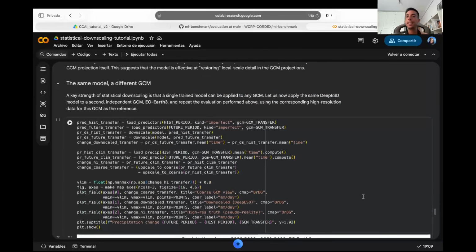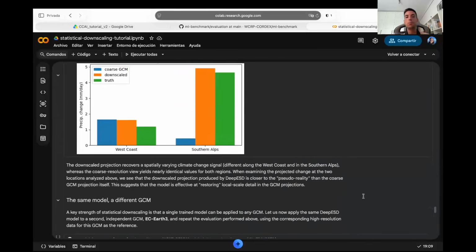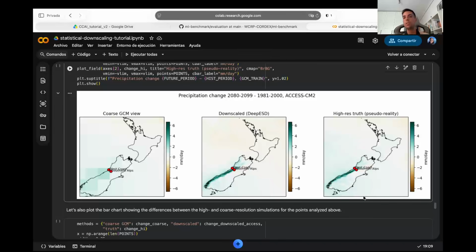Of course, the interesting part of statistical downscaling with deep learning models is that we don't have just one GCM, but we have multiple GCMs. So we want to downscale all those multiple GCMs.